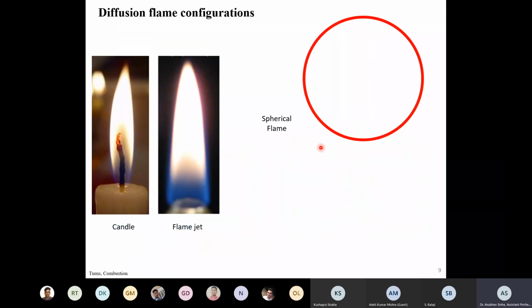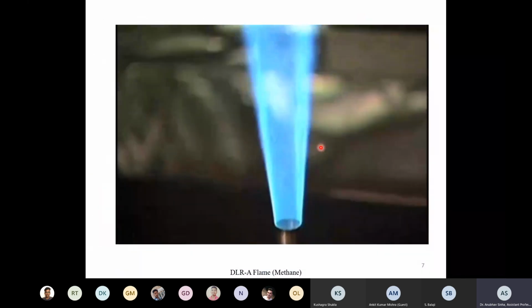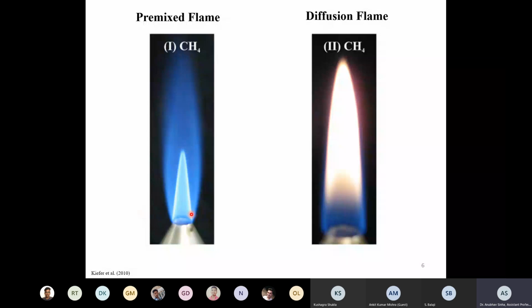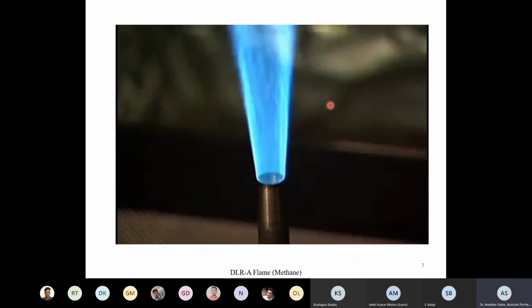Otherwise, your flame, see, this is also curved. In a premix flame also, it is curved. This is the flame front. How are you saying it is flat? It will always be curved.